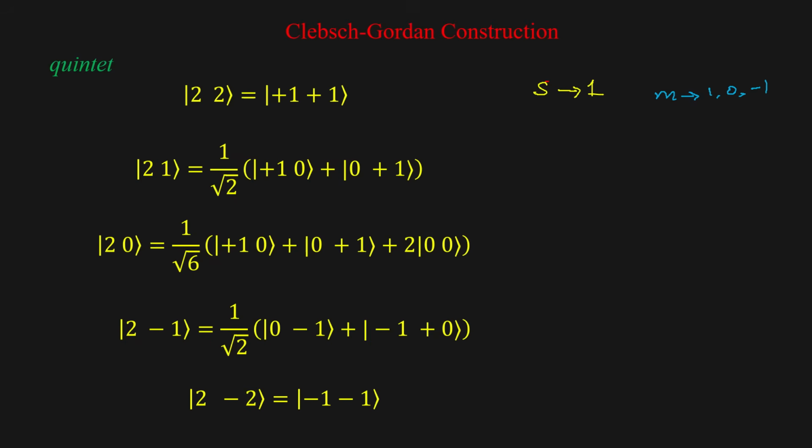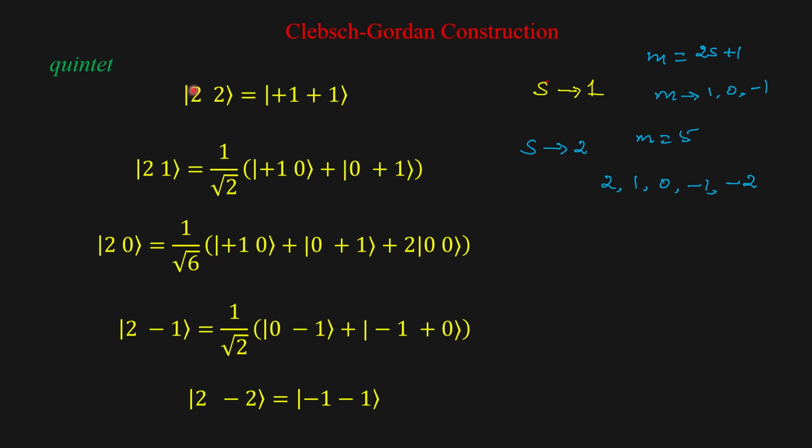Here in this case S is equal to 2. Simply, the number of states is 2S plus 1. So S is 1 gives 3 states. Similarly here S is equal to 2, so 2 times 2 is 4, plus 1, 5 states. So it will run from 2, 1, 0, minus 1 and minus 2. Just keep this in mind, and then we will move on.